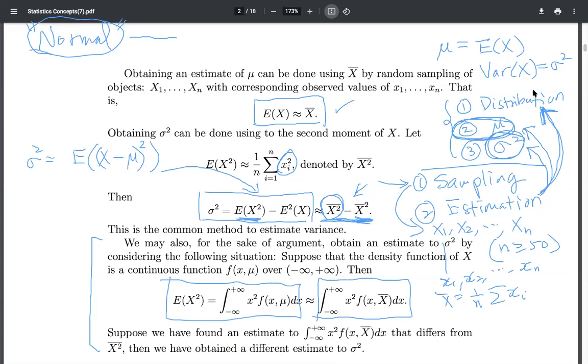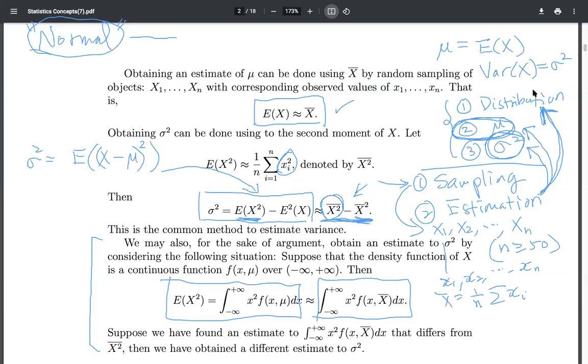Okay, so once again, the take-home message here is that we have a population. We want to know its behavior. In order to know its behavior, I want to know its underlying distribution. So that's what I want to know, okay? But if you don't know the distribution, then you have to estimate.